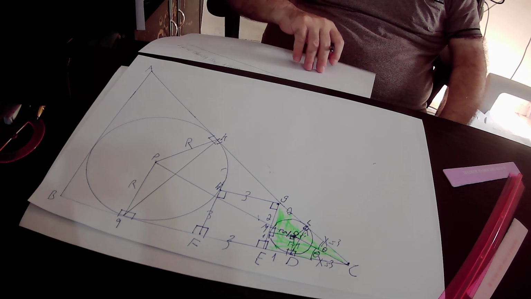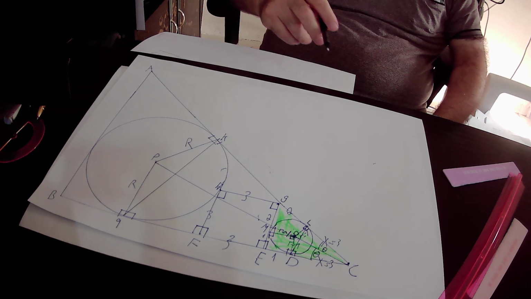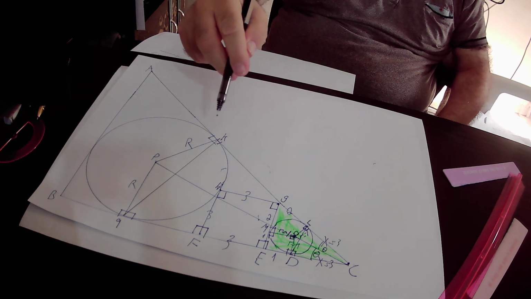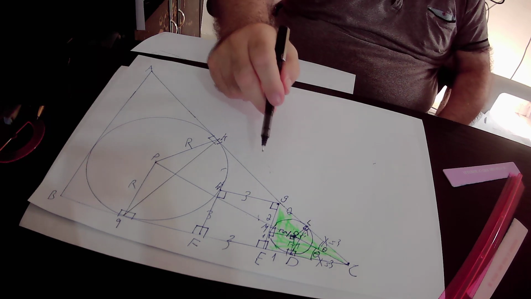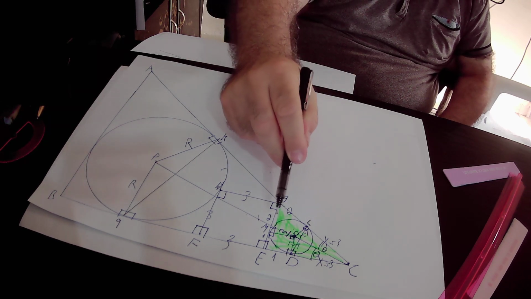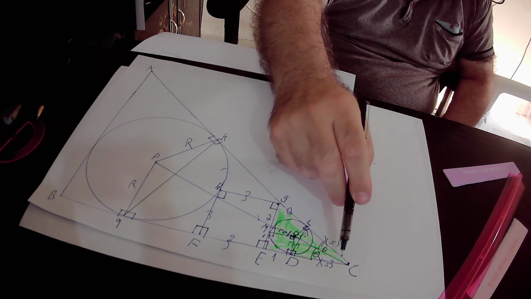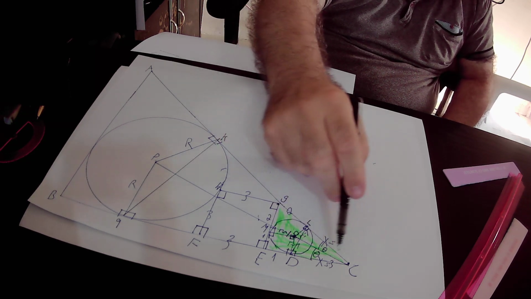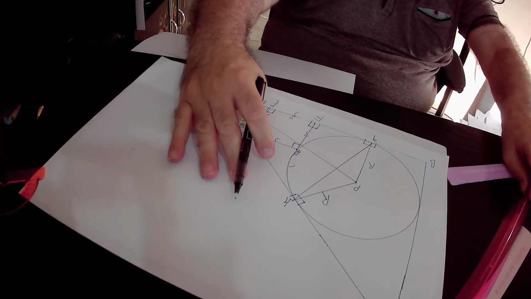So here, if CO doesn't pass through point P, then we will have here two angles. The first angle is angle ECO.